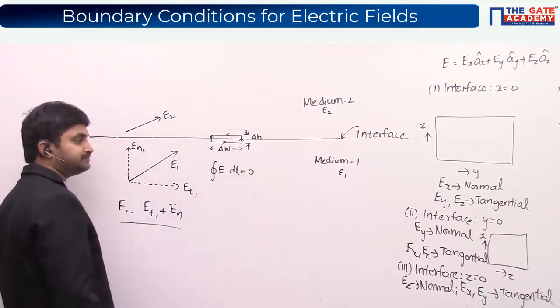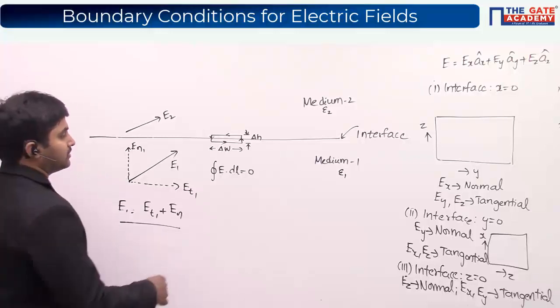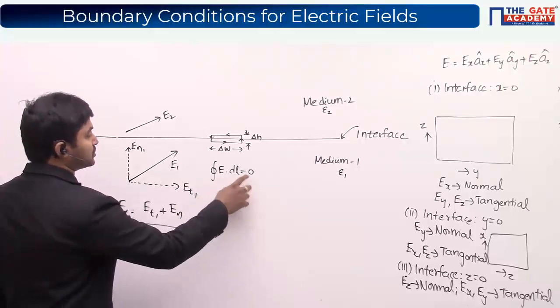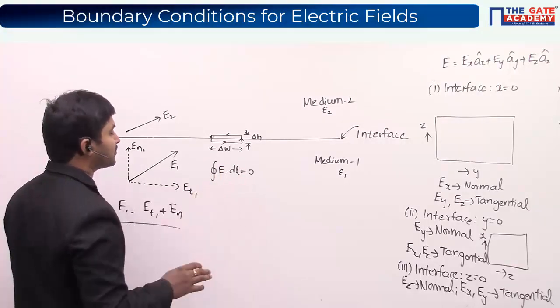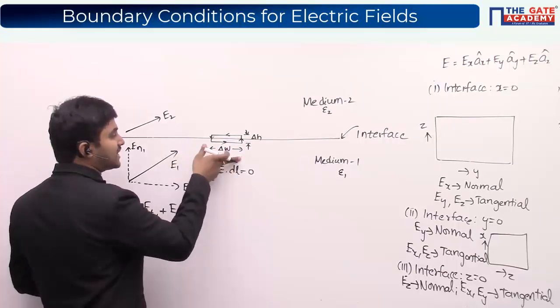Yes or no? Right. So now the closed line integral of E dot dl equal to 0 is the Maxwell's equation that we have learned.